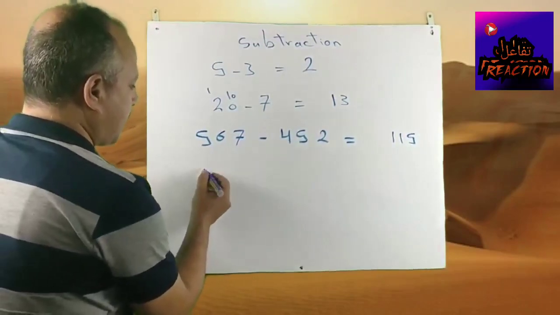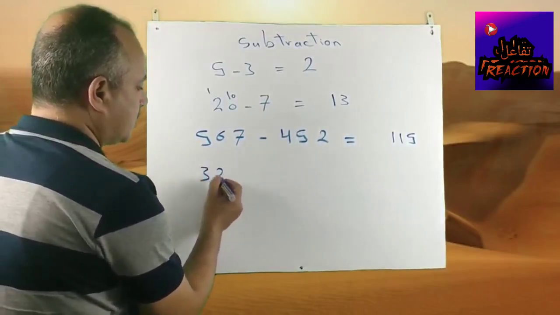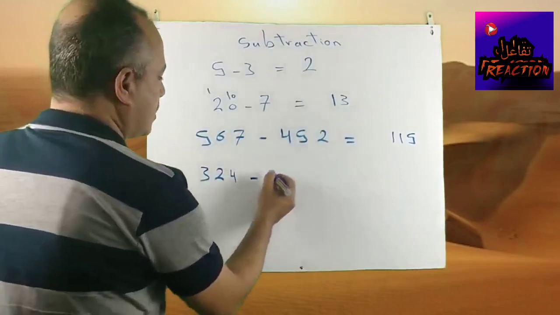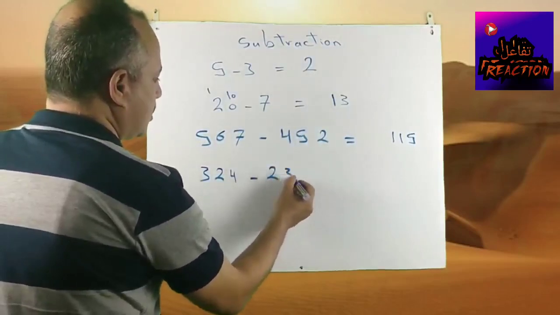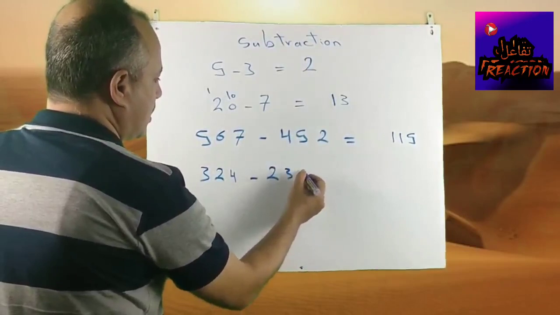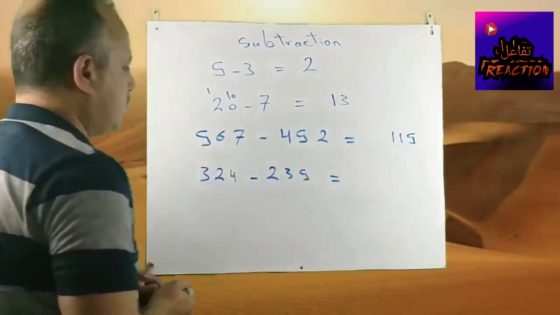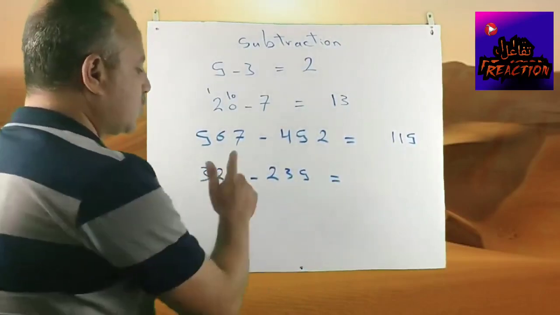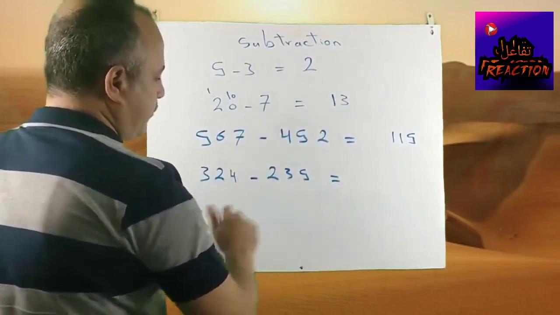Another example, to show you something different. For example, 324 minus 235 equals. 4 minus 5. We cannot subtract 4 minus 5 because 4 is less than 5.